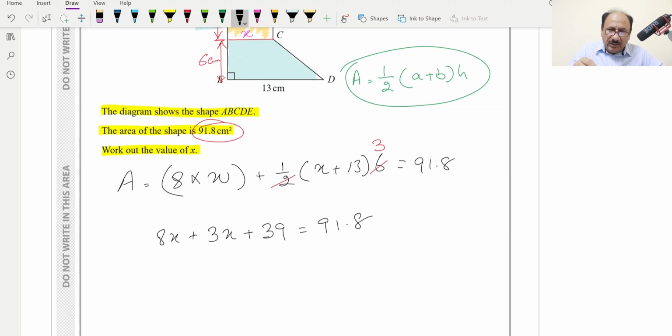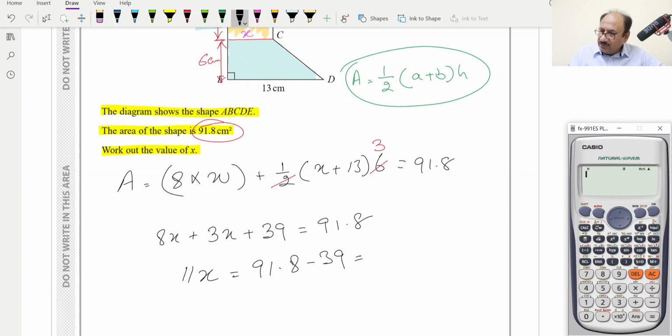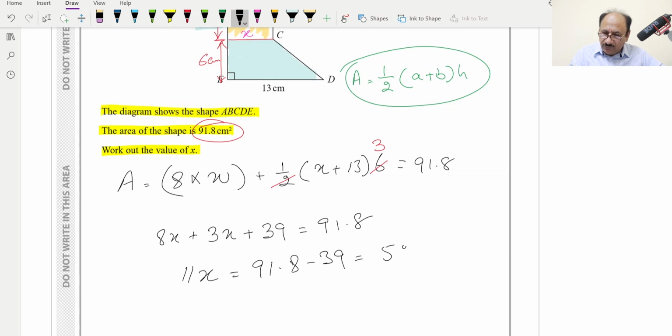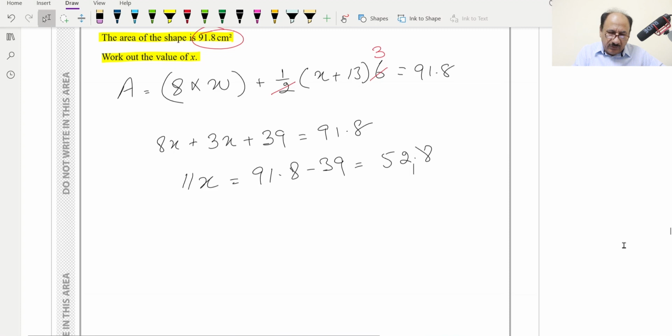And now we can add 8x plus 3x will be 11x, so we can write 11x is equal to 91.8 minus 39, and 91.8 minus 39 is equal to 52.8.